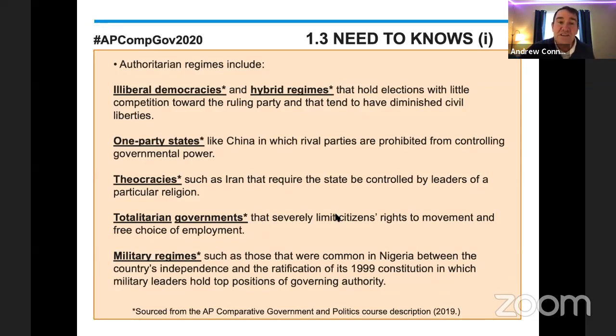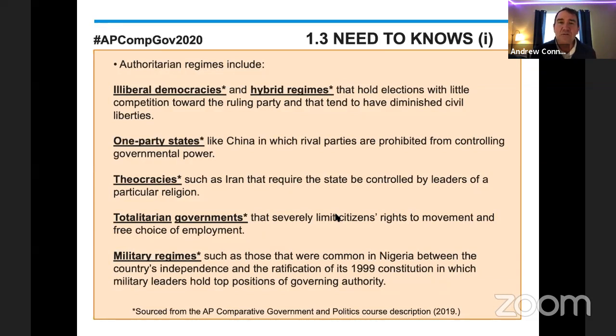We have theocracies like Iran that require the government to be controlled by particular religion or religious leaders. Totalitarian government would be a word that would be maybe more applicable to North Korea or to Mao Zedong's China, where the government has almost complete control over where citizens live, where they work, some basic life decisions that citizens make. You would see that in a more totalitarian government.